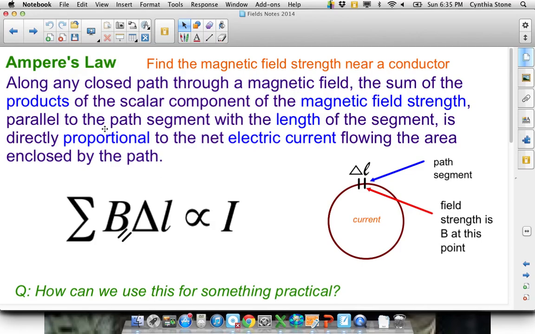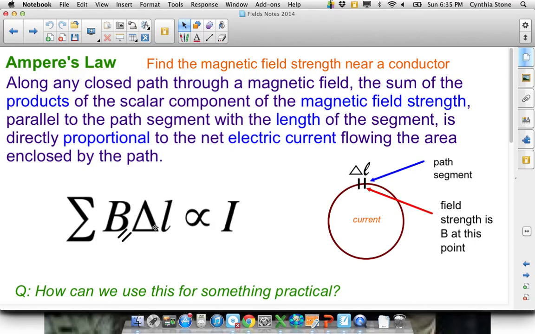Just jumping to the picture, here I'm looking at a circle, and there's electron current flowing through it. If I knew B, the magnetic field strength right here, multiplied by a tiny little segment of length, that's what it means.